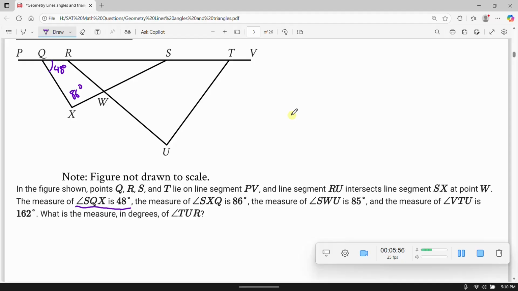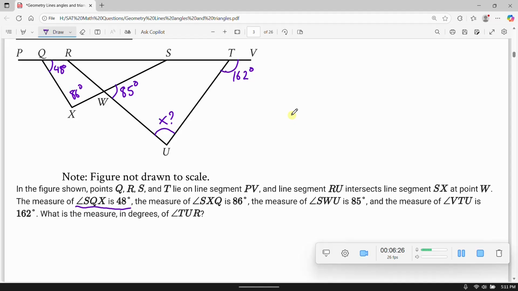SWU, this one is 85. VTU is 162. And they want to know the angle TUR. So let's name that angle X. Here we go.